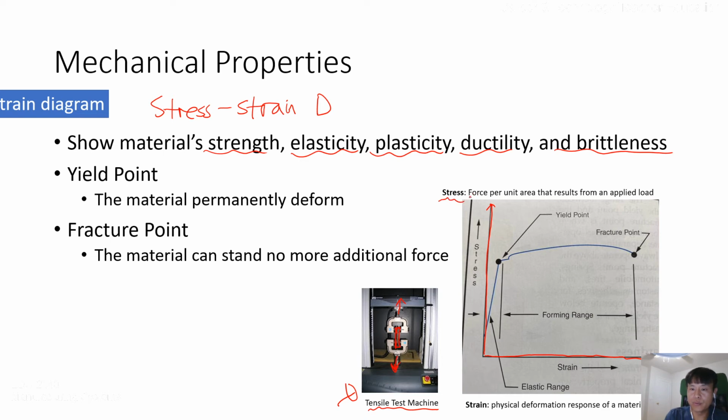Stress means force per unit area that results from the applied load, like stretching load. How much the material gets stressed, how much force that material has. And then strain is physical deformation, like physical change, physical elongation. That means strain. How much the material elongated, that is strain, right?